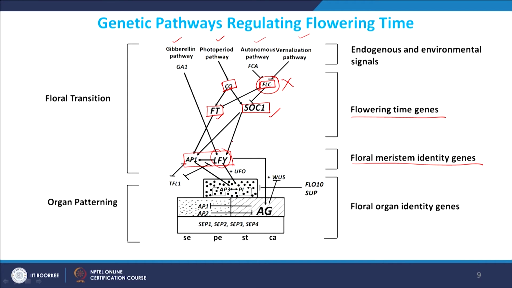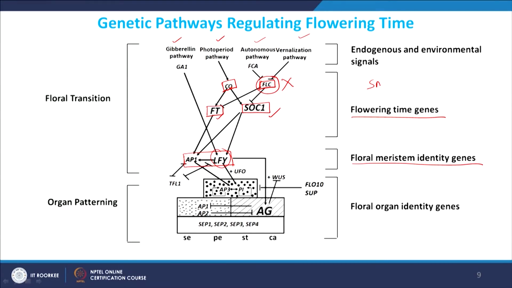And once AP1 and LEAFY are activated, the meristem which is coming at the flank of the inflorescence will take an identity of floral meristem. So, there is a switch, a change of identity.